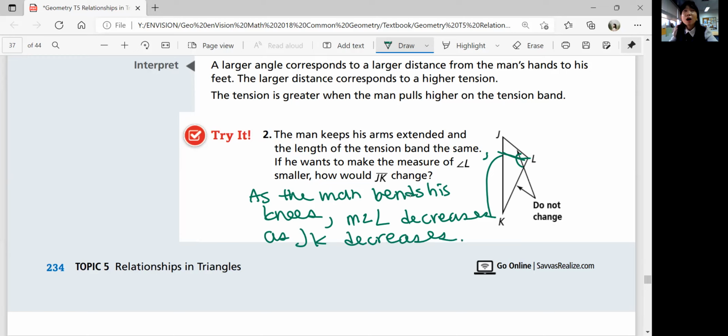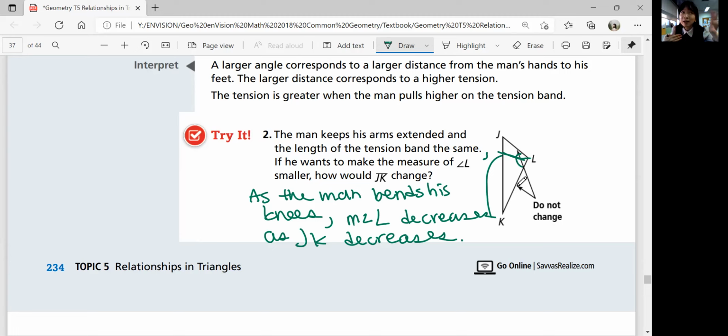Okay, a common error for this problem is that you may think that line JK should bend, like it couldn't be a straight line as the man bends his knees, because your body could bend a little bit, right? But you need to understand that JK is not a scale model of the man's torso and legs, but it represents the distance.